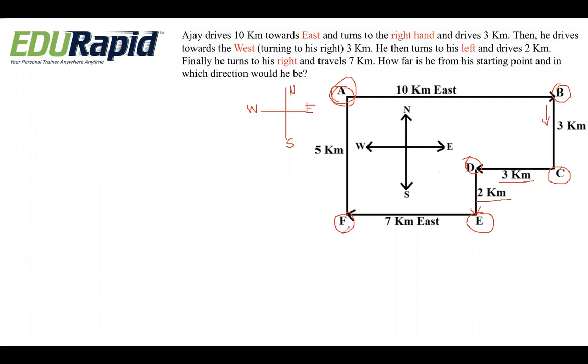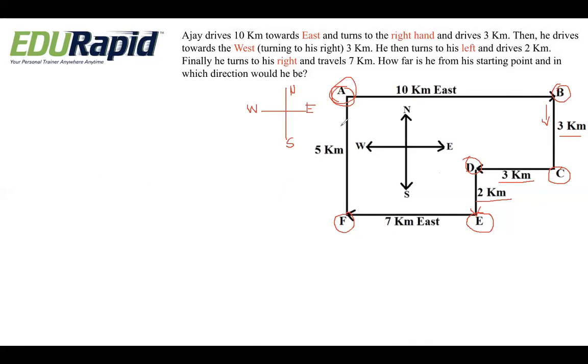So the ending point is this. And the distance between AF will be DE in this case plus BC, which is 3 kilometers plus 2 kilometers. So he is 5 kilometers away from the starting point.